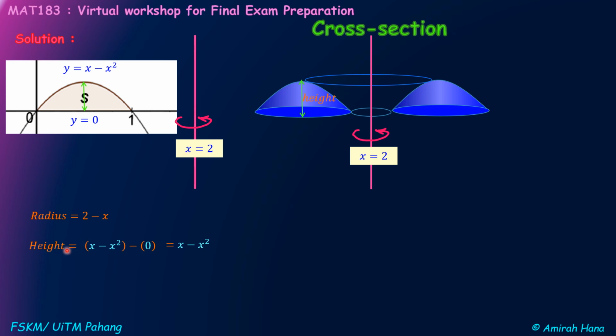So means that we can have in terms of variable x. So bila kita ada in terms of variable x, maka kenalah integrate with respect to x. Right? So kalau shell ikut dia punya equation of axis of rotation. Bila dia ada variable x kat sini, means kita kena integrate with respect to x. Okay, bila integrate with respect to x, tajuk equation must be y. Right?